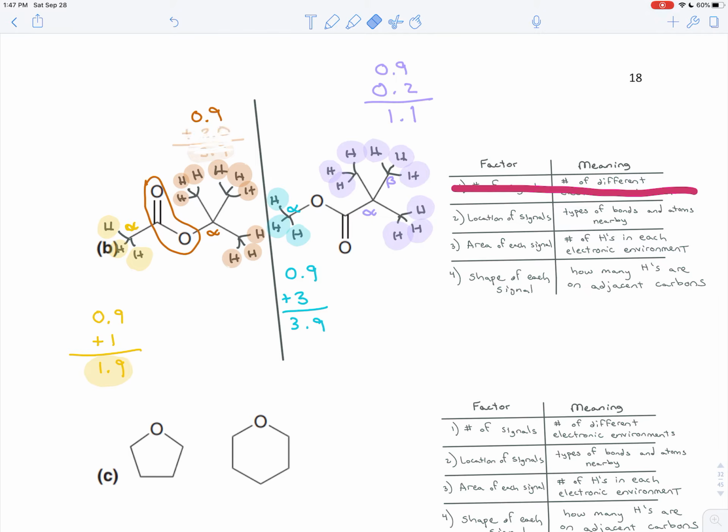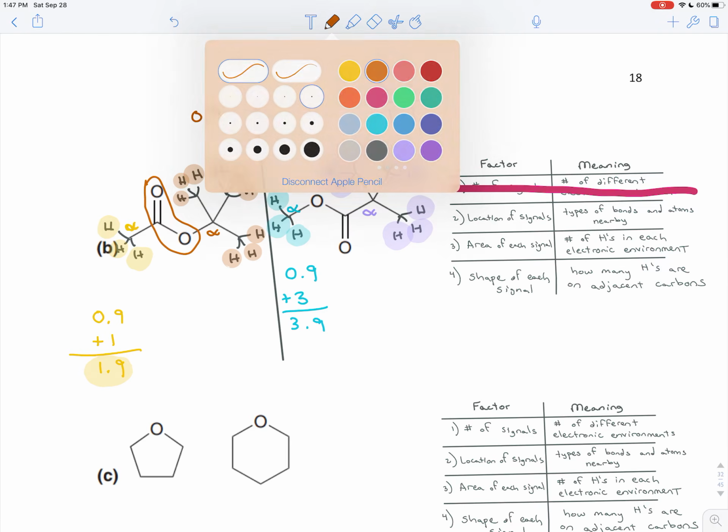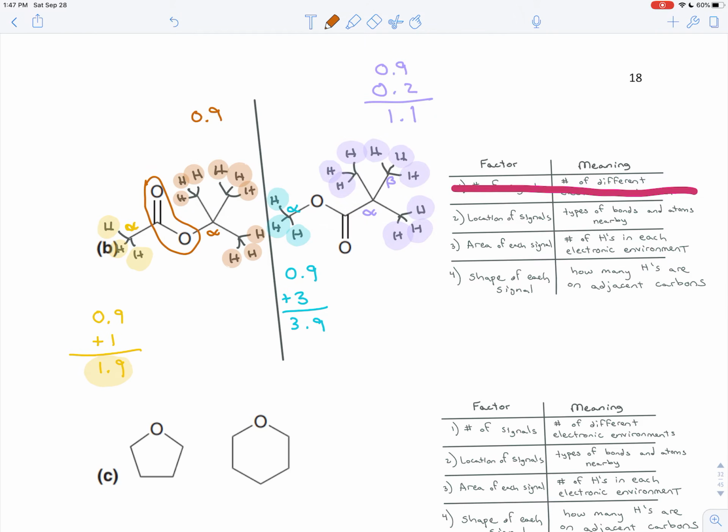And I apologize, now that I look back at this, I had the wrong number here. Forgive me. These hydrogens are not alpha to this ester. Here's our ester. The alpha position is right here, but they're not on that. They're on the beta position, so I apologize for that confusion. If you're beta to an ester, then you add 1/5 of 3, which is 0.6. So that would show up at 1.5.